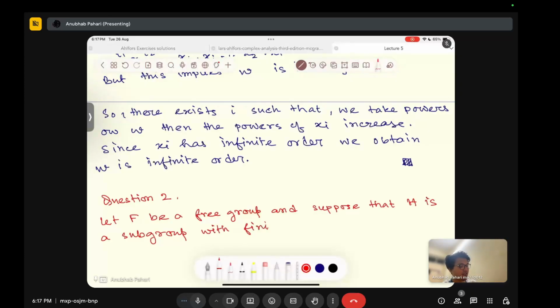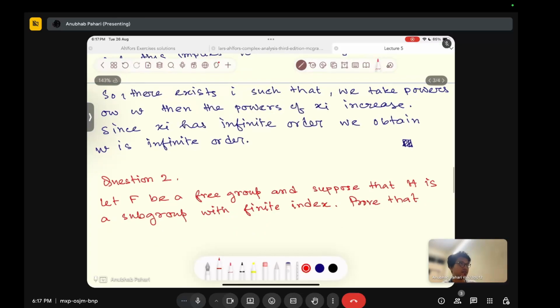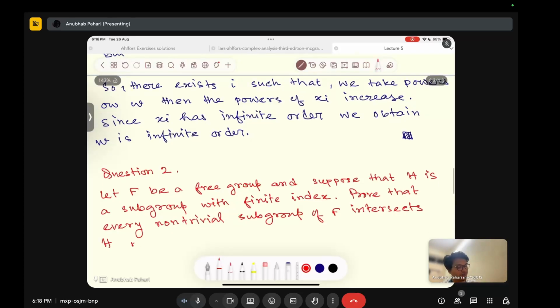That means the cardinality of F mod H is finite. Prove that every non-trivial subgroup of F intersects H non-trivially.